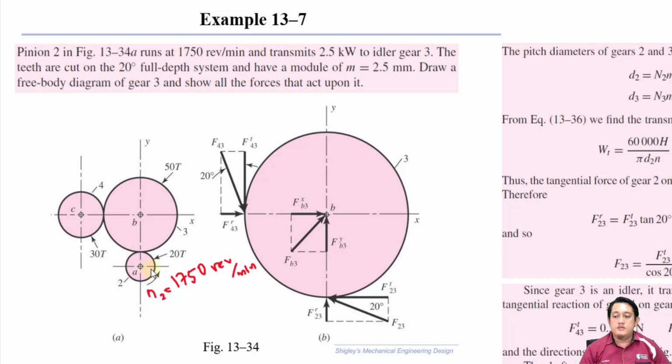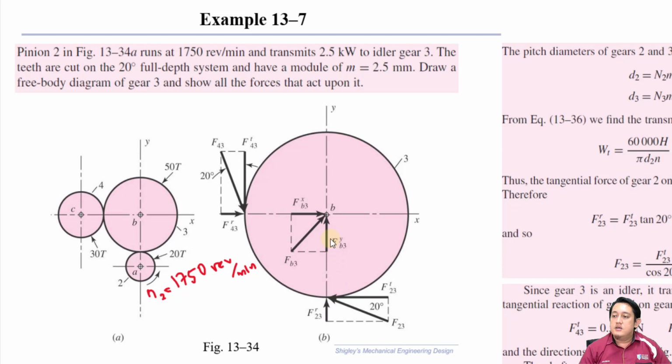So gear 2 will push gear 3. If we draw the free body diagram of gear 3, the force pushed by gear 2 is labeled as force F23, meaning the force from gear 2 to gear 3.